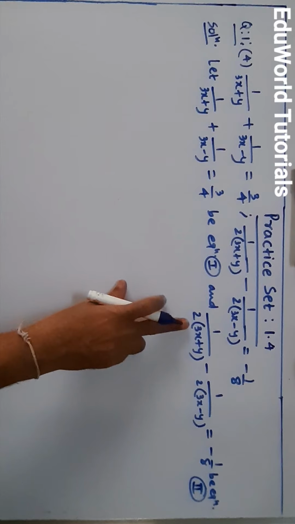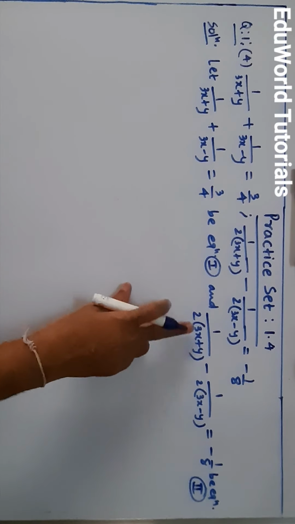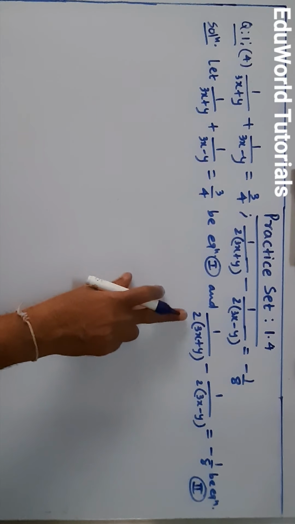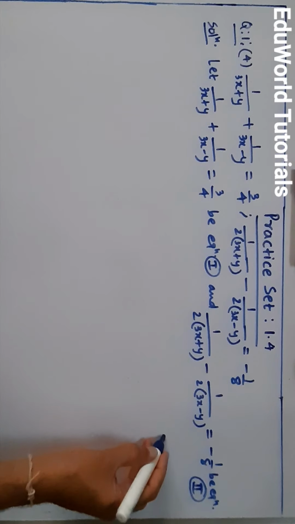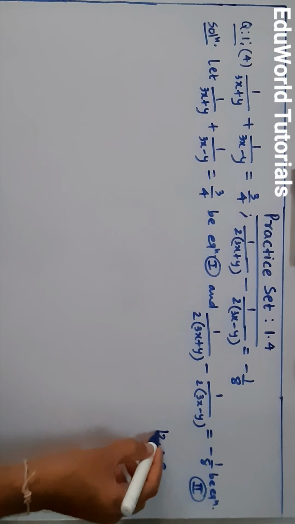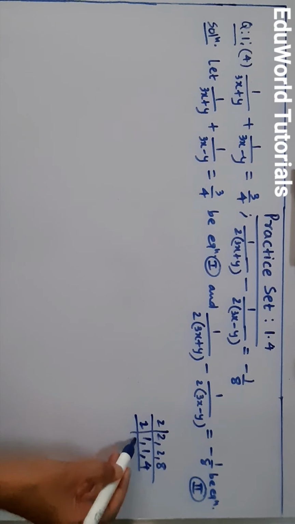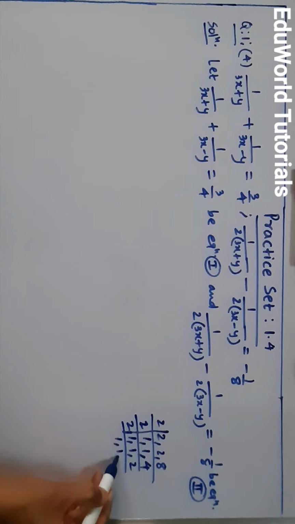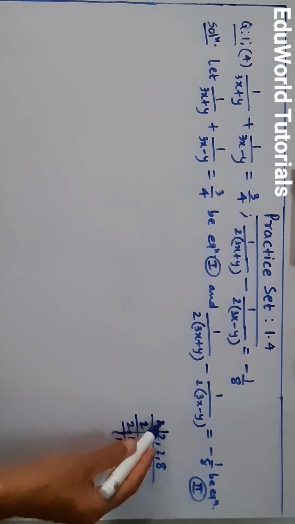In the denominators of these 3 terms, 2, 2 and 8 are there. 2 because it is outside the brackets. That's why we consider this as 2, 2 and 8. The LCM of these 3 numbers 2, 2 and 8 is, if you know how to take LCM, I have shown you. 2 ones are 2, 2 ones are 2 and 2 fours are 8. We continue until we get all 1s, factorizing together. 2 2s are 4, 2 4s are 8.